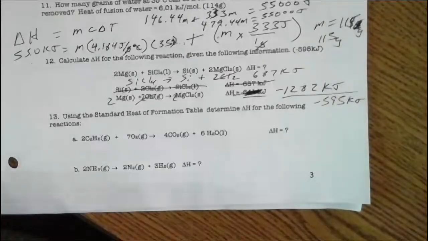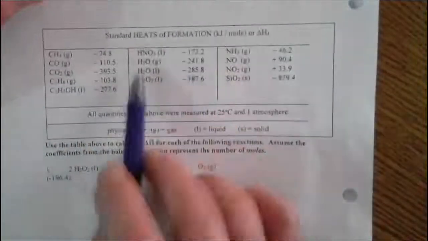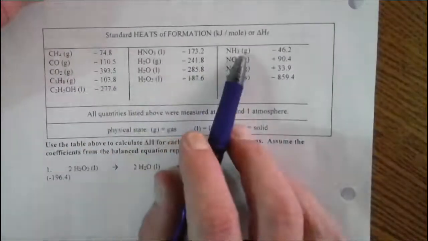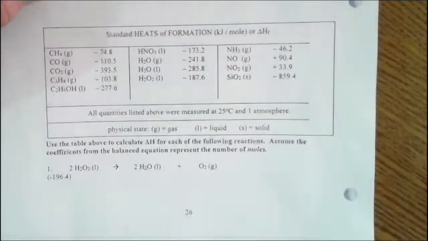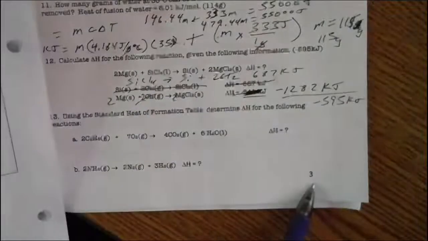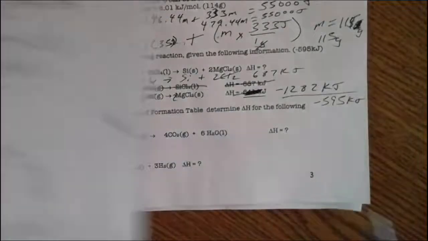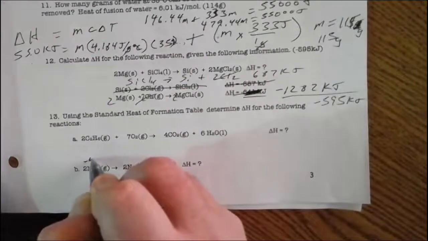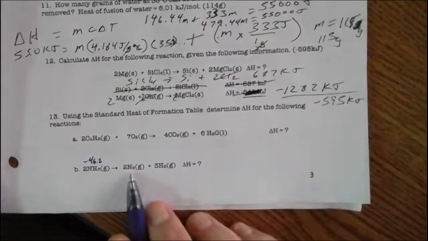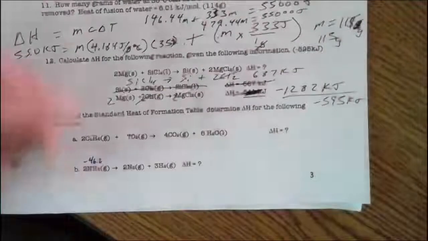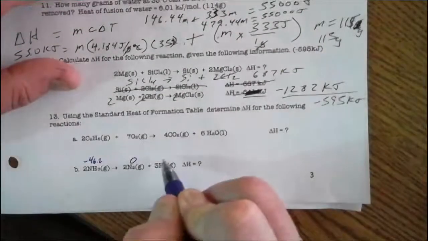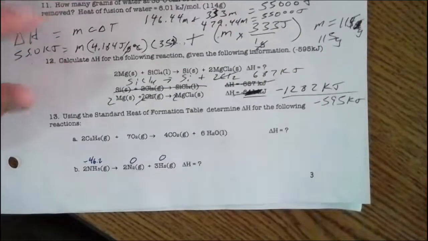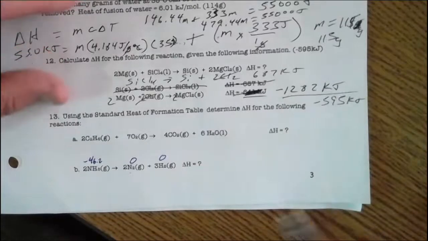So on B here, we need to have this heat of formation. This is on page 3. We need a standard heat of formation table. There's NH3 gas. This is page 26 in your packet for question page 313. Negative 46.2. Nitrogen and hydrogen are both 0. 2 times 0 and 3 times 0 is 0.